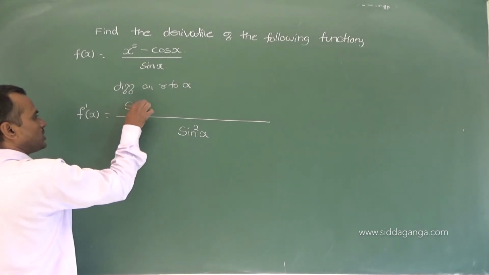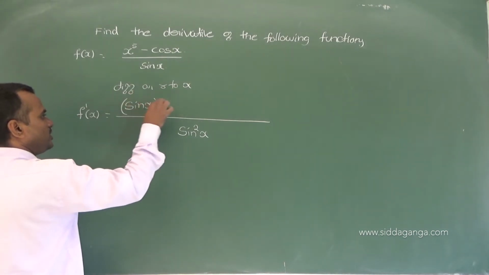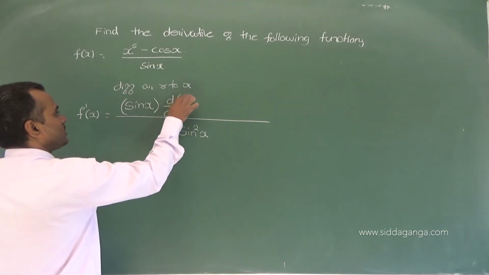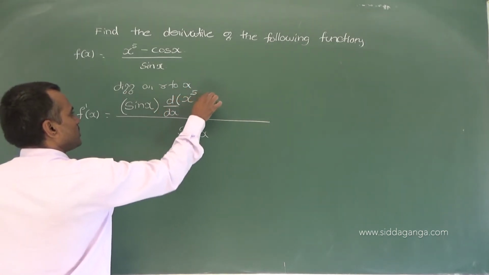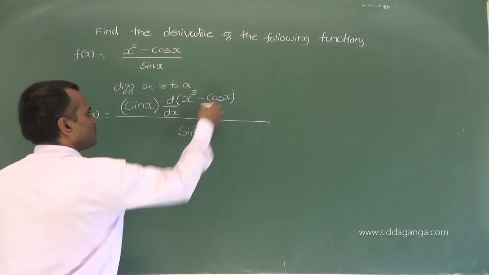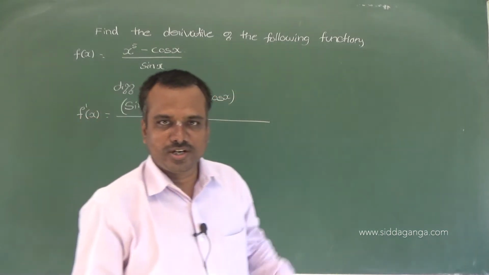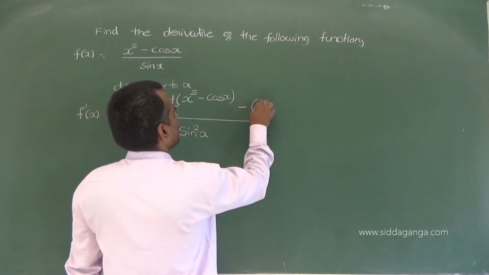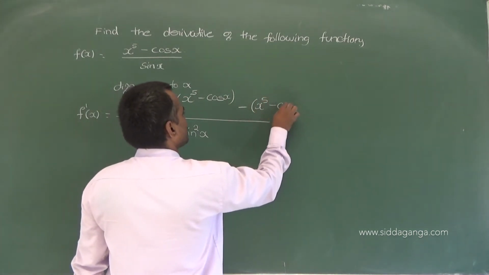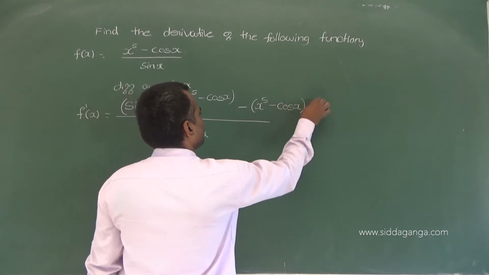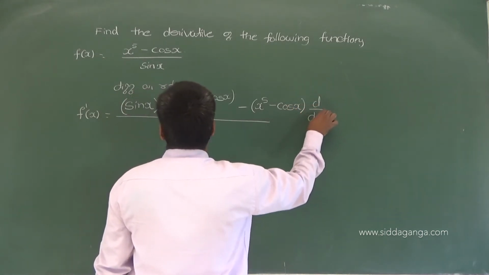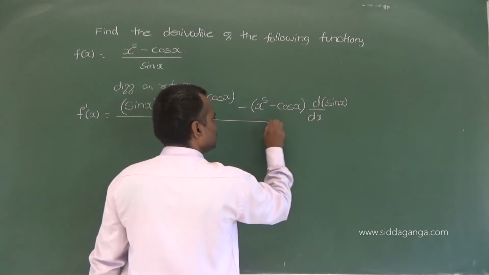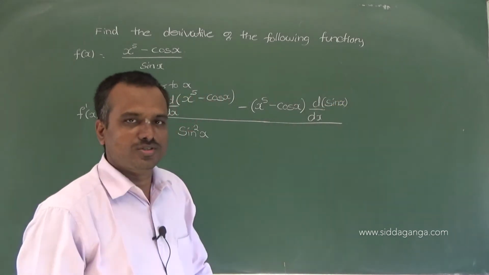Denominator sin x into d by dx of numerator x to the power 5 minus cos x, that is denominator into derivative of numerator, minus numerator x to the power 5 minus cos x into d by dx of sin x.